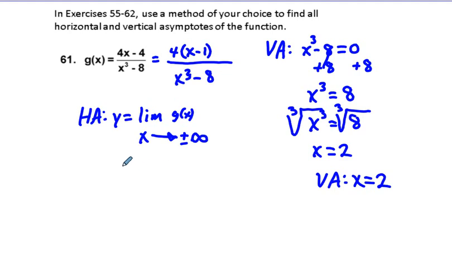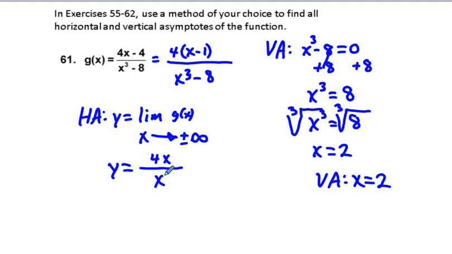We take the highest powers of both the numerator and denominator. In the numerator we have 4x to the first power, and in the denominator the highest power is x cubed.